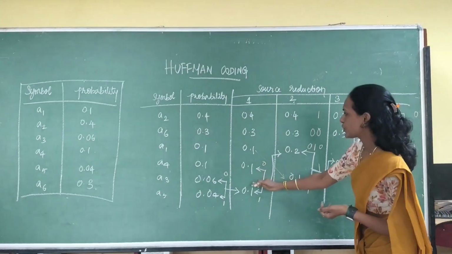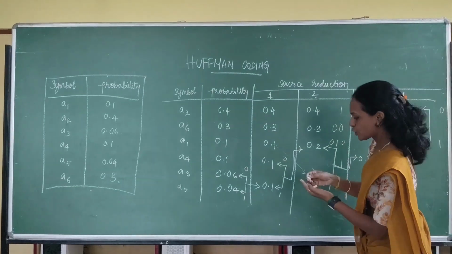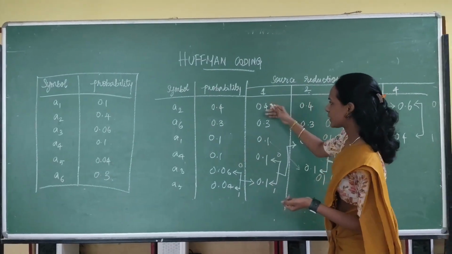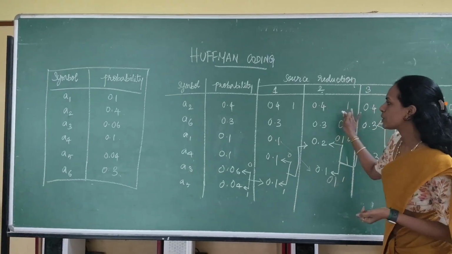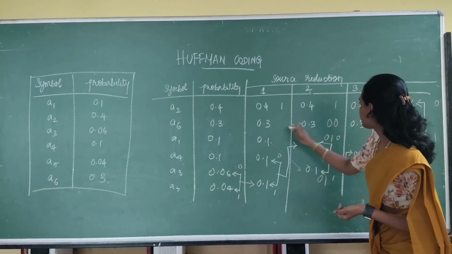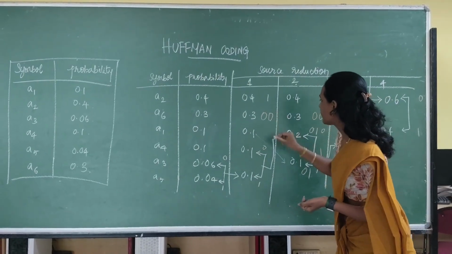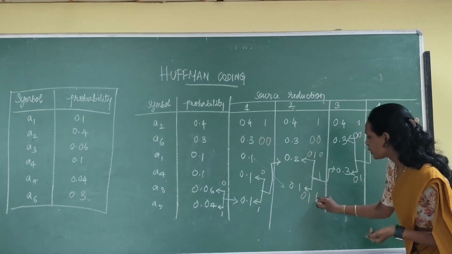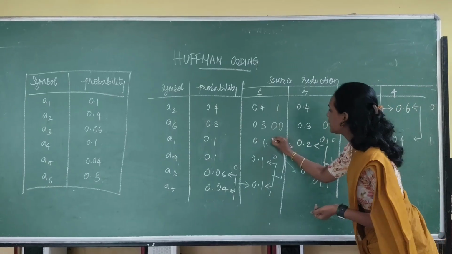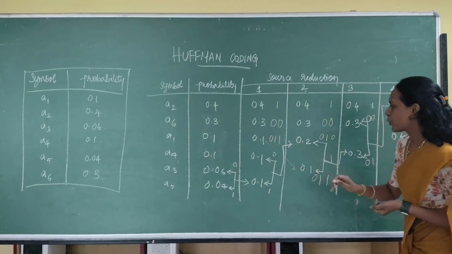So again we are backtracing over here and going to the first reduction. So 0.4, there's nothing done over here. So directly I am taking whatever code word was given in the previous stage, and again for 0.3 also I am going to take the same code word that is given. And this 0.1 came from here, which means that 011 is going to be the code word for this 0.1.